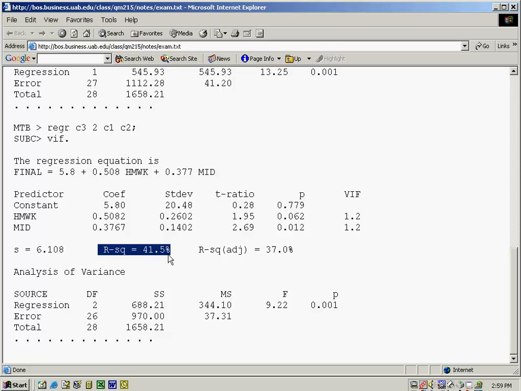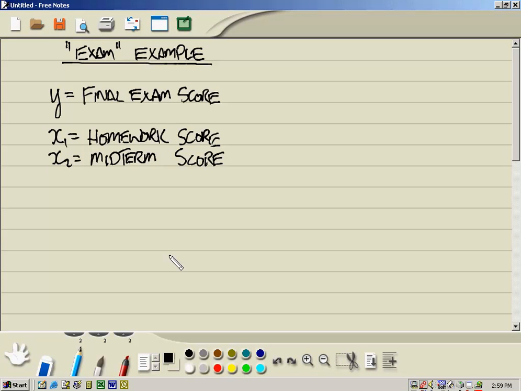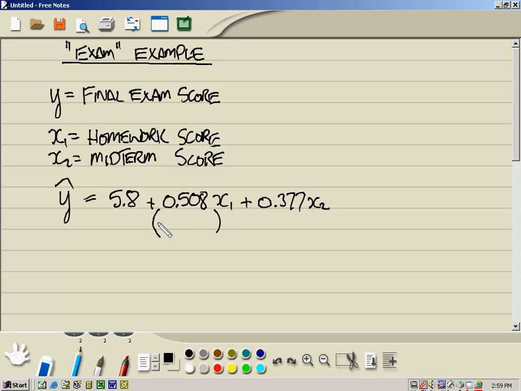So let's go back to our sheet and write that information down. Y hat is equal to 5.8 for the intercept plus 0.508 x1 plus 0.377 x2, and we'll write the standard errors below the coefficients in parentheses as is normal.